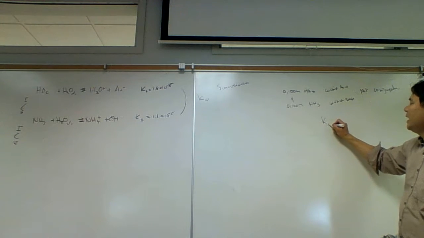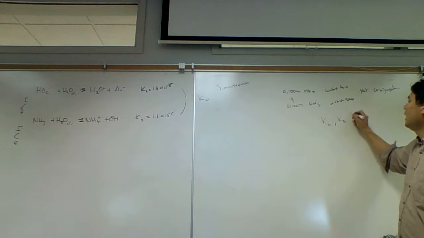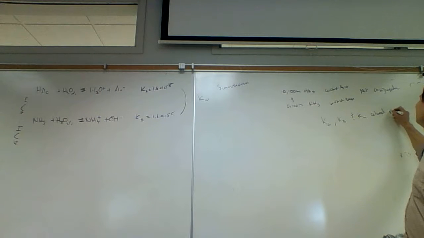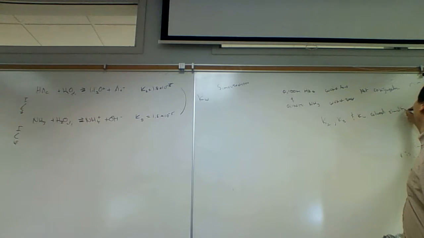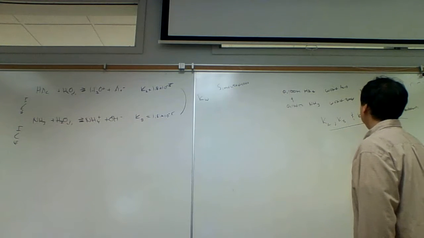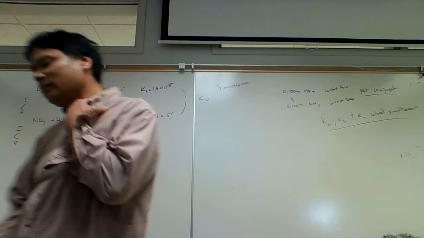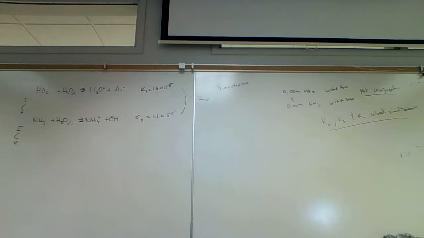And so we do Ka, Kb, and Kw solved simultaneously. And so I could have skipped that initial reaction because I would have been back to where I started, which was just the acid and the base in water. And so this is it. Whereas if they're conjugates of one another, then it makes the problem much easier.